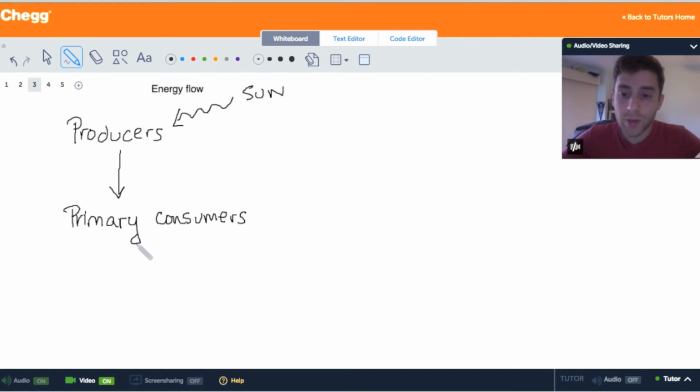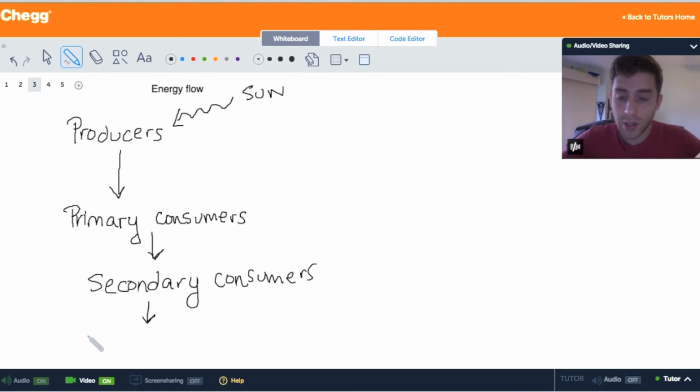The primary consumers relay some energy to what eats them, so secondary consumers. And the secondary consumers relay their energy to tertiary consumers, because tertiary consumers eat the secondary consumers.